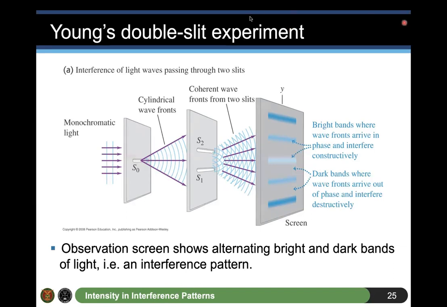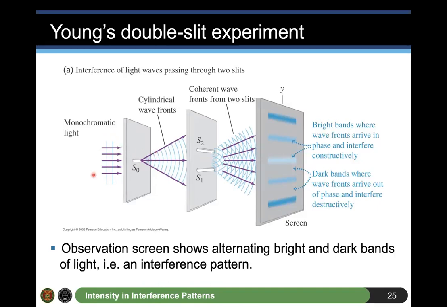This monochromatic light is a single color, single frequency, coherent. When we pass it through a slit, a very small hole, this will produce a cylindrical wavefront.